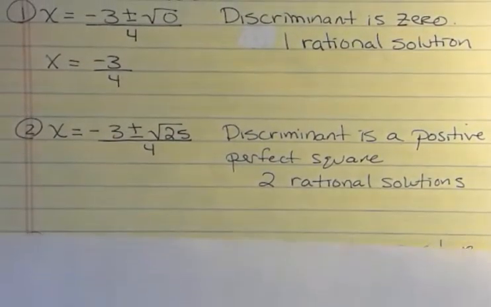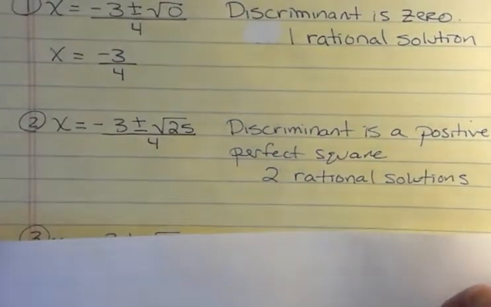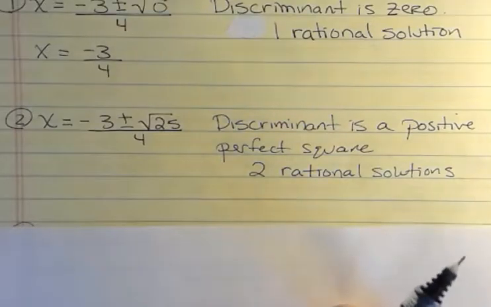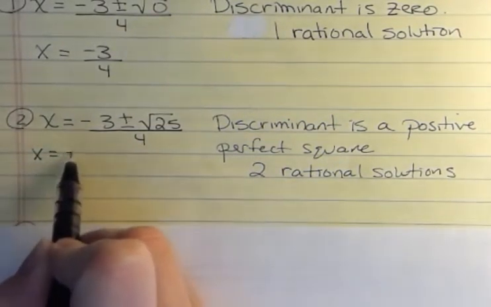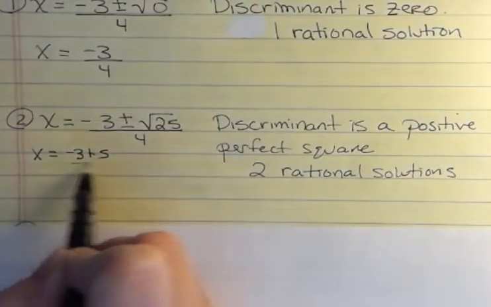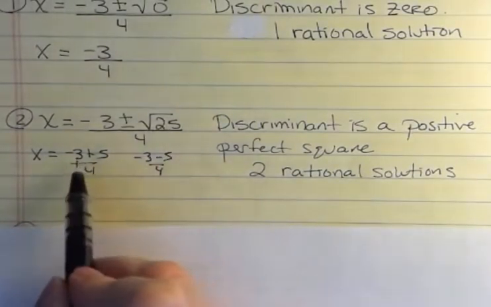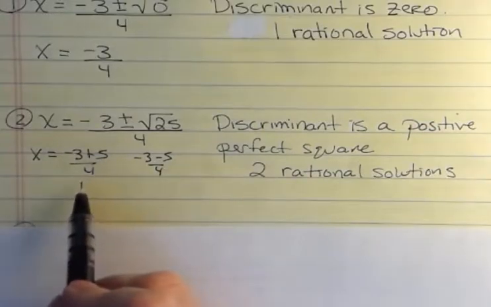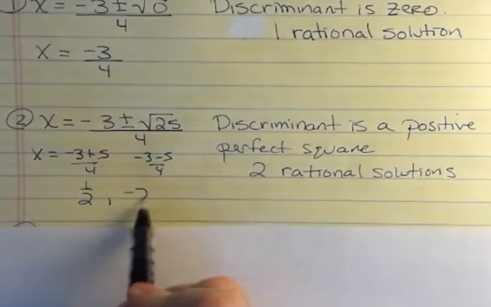Scenario number 2 is that you have a discriminant that's a positive perfect square. For instance, if I had negative 3 plus or minus the square root of 25, that looks like negative 3 plus 5 over 4 and negative 3 minus 5 over 4. That gives us 2/4 or 1/2, or negative 8 over 4, which is negative 2.